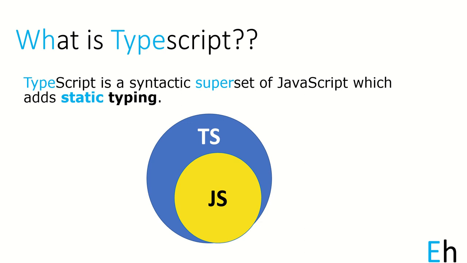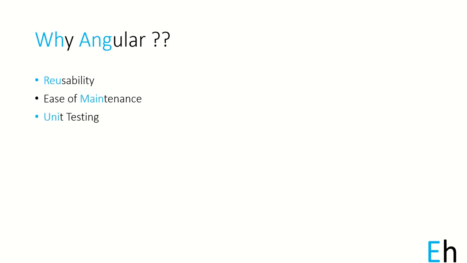In JavaScript, you write the code, then you go to the console and see where the error is. You don't need to do that in TypeScript. You can see all your errors beforehand. So that is why we are using TypeScript here. We will discuss more when we get into the real time examples.